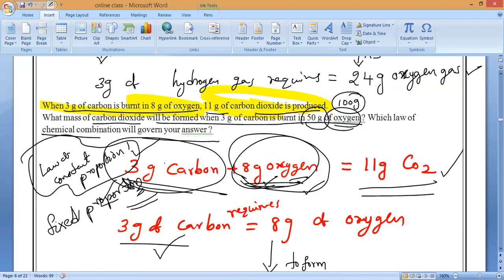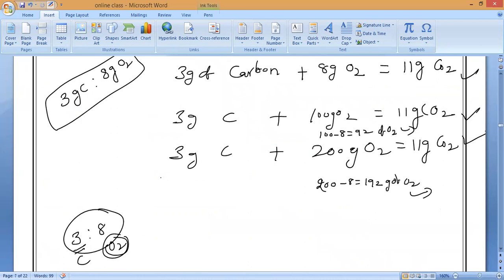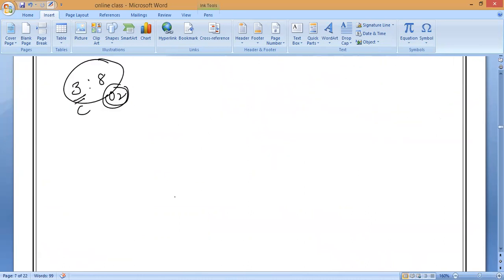Anybody? 3 is to 8, sir. That is the fixed proportion. What is it, mass ratio or some other ratio? Fixed proportion of 3 is to 8 by mass.